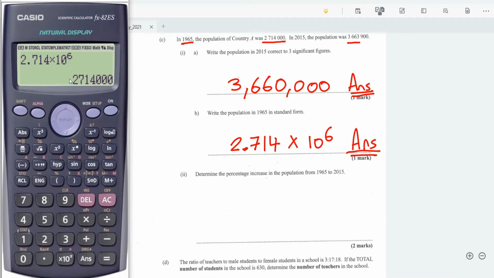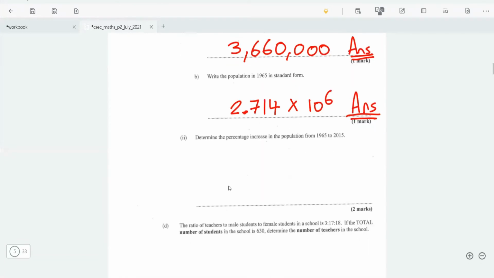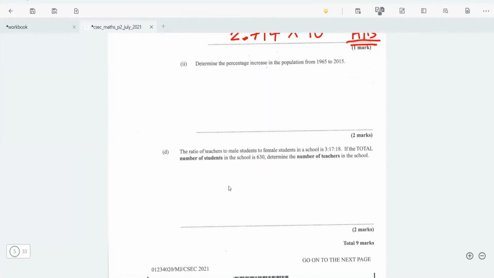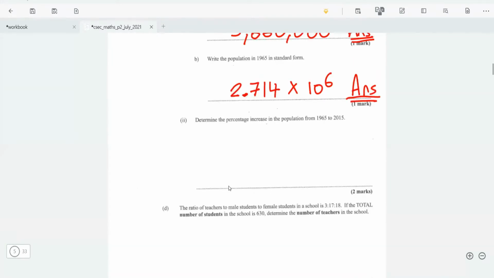So because we get back what we're supposed to have, we know that we are perfectly fine. Nice. Now the next part says determine the percentage increase in the population from 1965 to 2015.